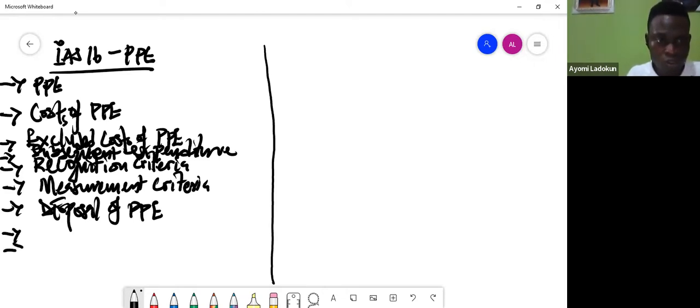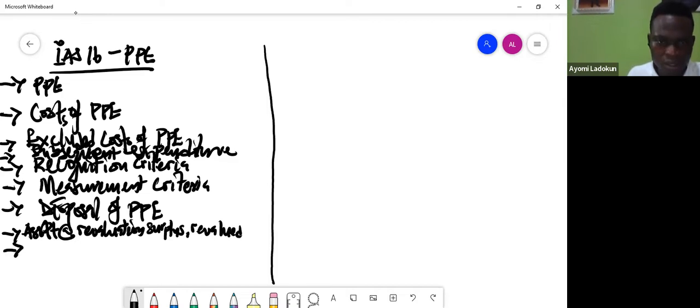there are two more things you should actually know. Assets carried at revaluation surplus, now revalued downward.